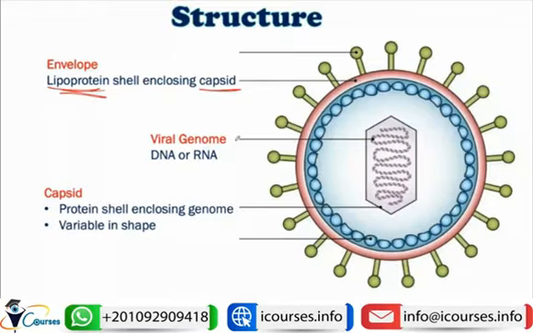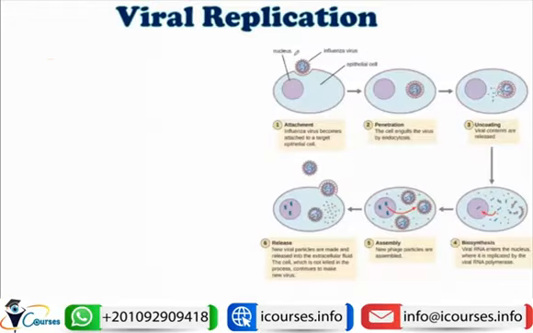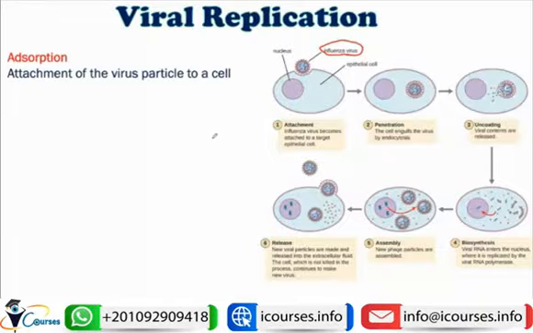Now, the living cell. First of all, the virus, for example the influenza virus, or, as we are now living in the era of coronavirus, let's say a coronavirus, will first attach itself to the host cell. The first stage is called adsorption. It is simply the attachment of the virus to the wall of the host cell.